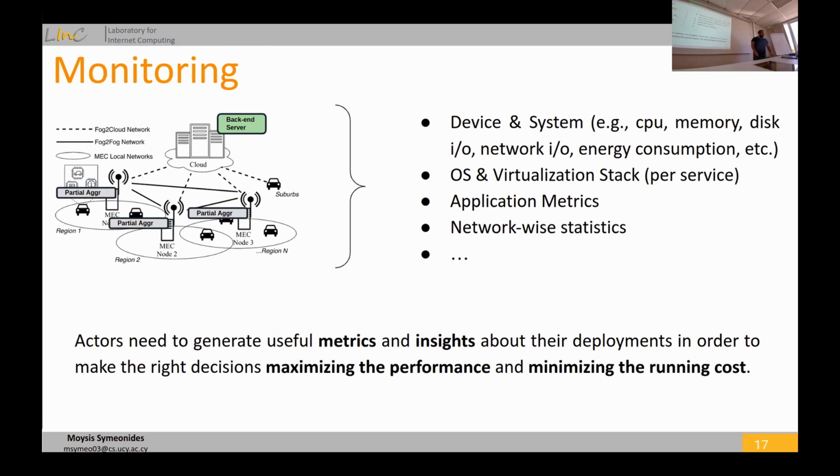And of course, we have to monitor the whole infrastructure. And since this infrastructure is a multi-layered infrastructure with physical components, virtualized components, applications running on top of them, we need to extract monitoring metrics from all these layers.